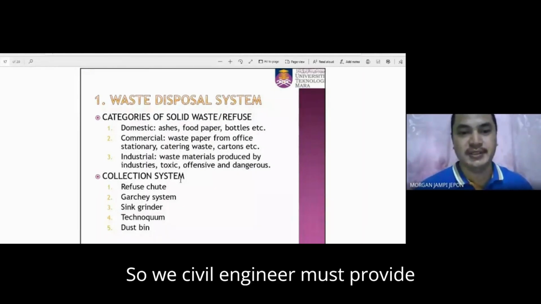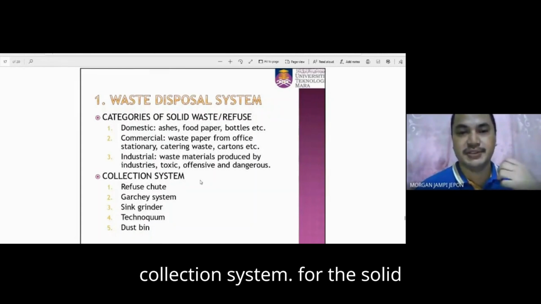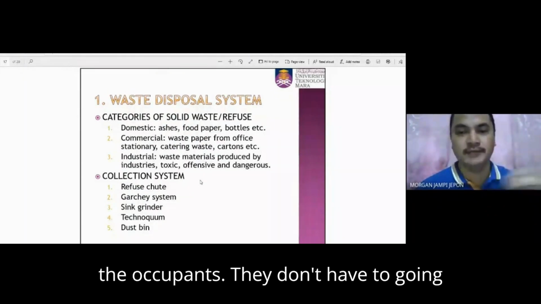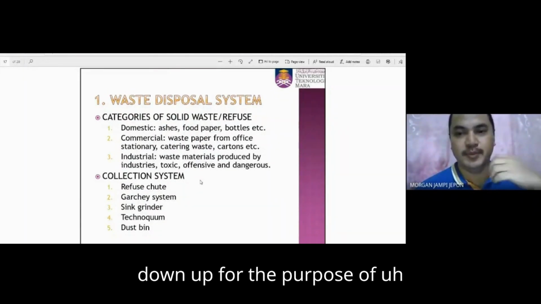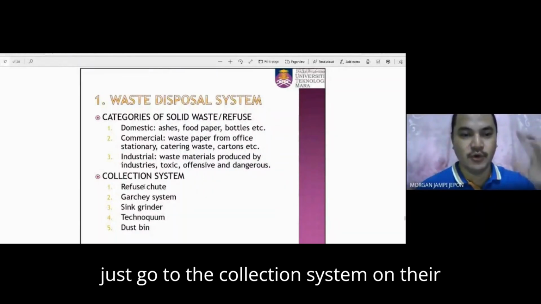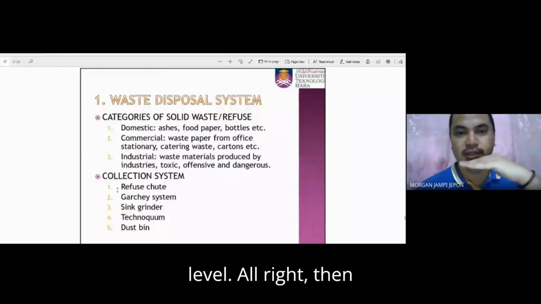So we civil engineers must provide a collection system for solid waste so that it is very convenient for the occupants. They don't have to go down and up to dispose of their waste. All they have to do is go to the collection system on their level.